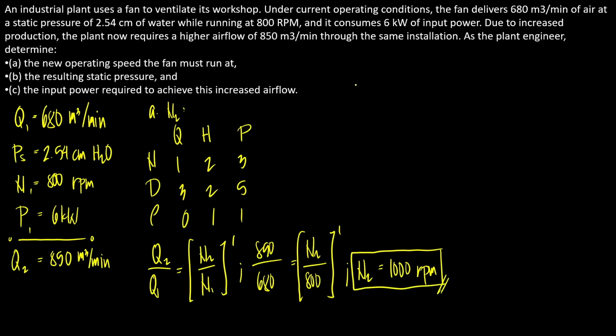So next we have B, the resulting static pressure, PS. We know that the static pressure is 2.54 cm H2O. The static pressure is what the water would experience if given a certain amount of pressure.